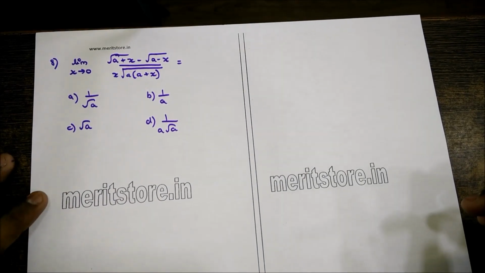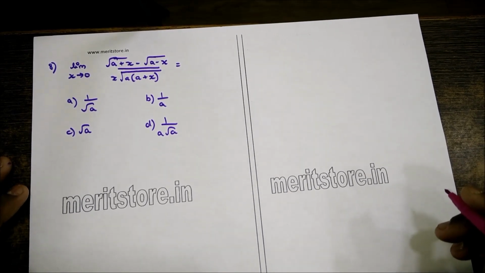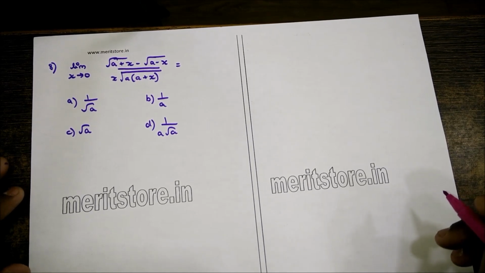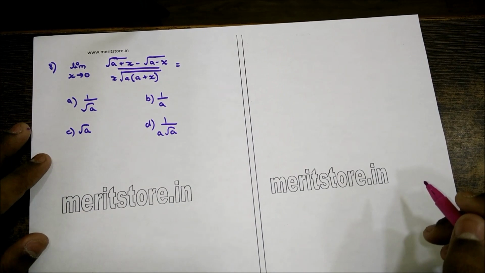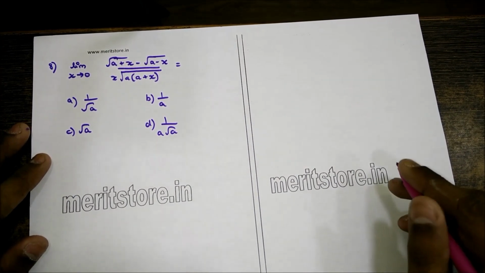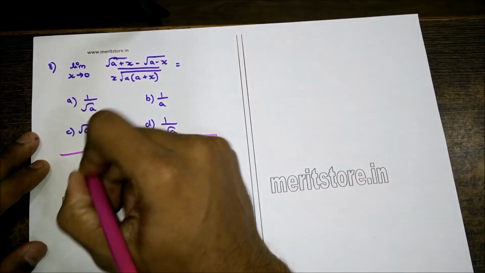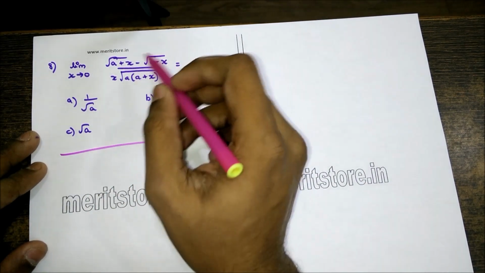Limit of x tends to 0 of (root of a plus x minus root of a minus x) upon x root of a into (a plus x) equals: a) 1 by root a, b) 1 by b, c) root a, or d) 1 by a root a. So first what we do is we multiply and divide it by the conjugate.